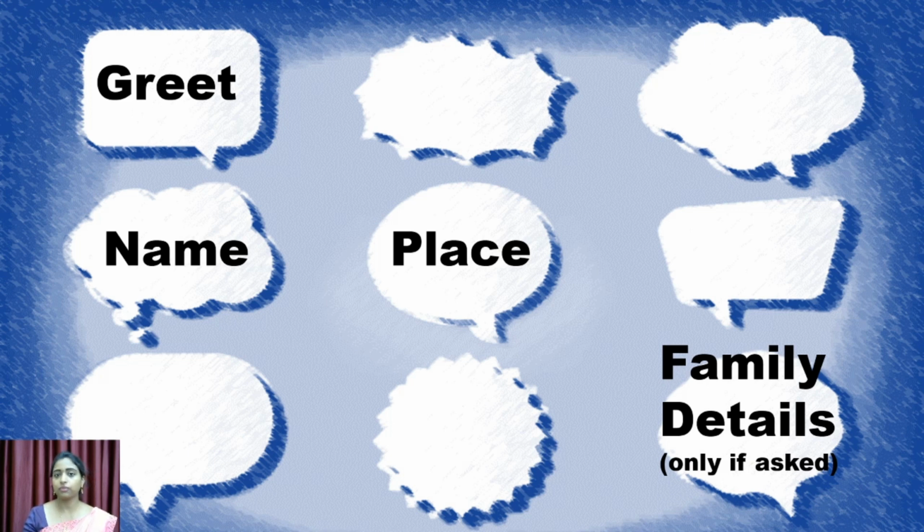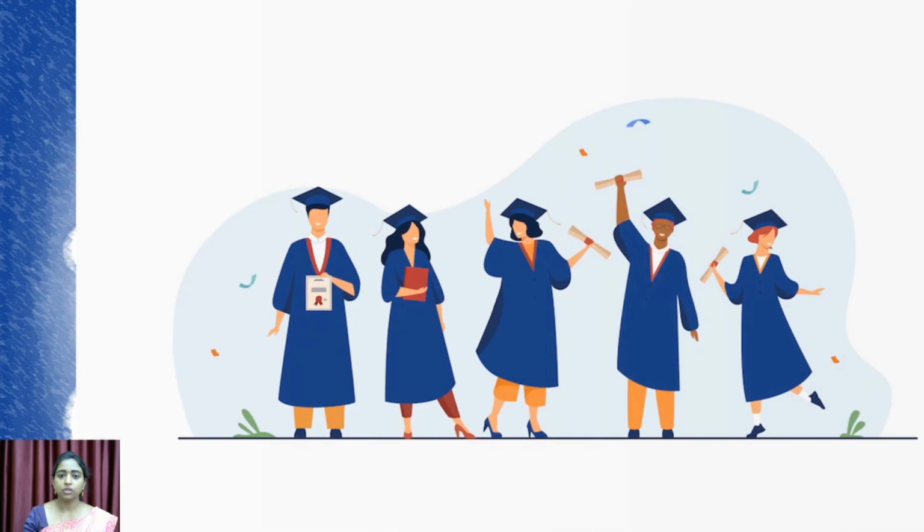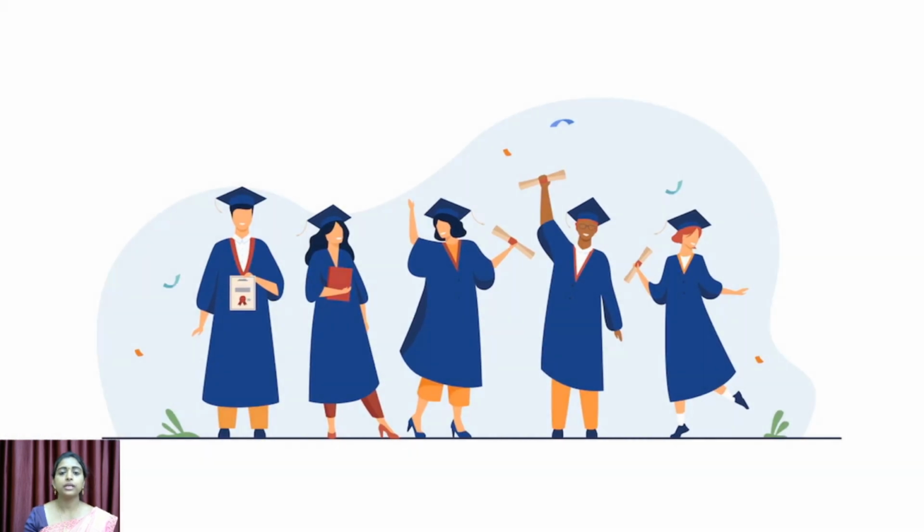Even if you are asked for family details, you can say, for example, I'm from a nuclear family of 4 members and my dad is a businessman. This much is enough. You need not keep on telling about each and every person in your family. And later, you'll be talking about your educational qualifications.